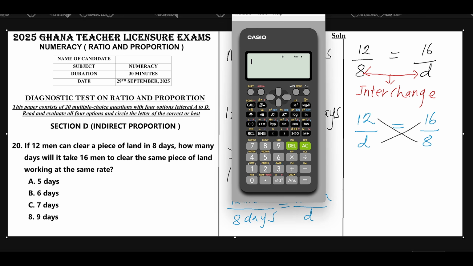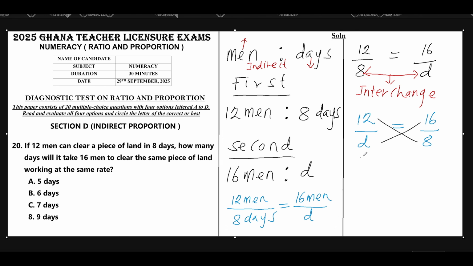So we have 12 multiplied by 8. That gives 96. So we have 96, and this must be equal to 16d. Since we are looking for d, we divide both sides by 16. So 16 will cancel out.